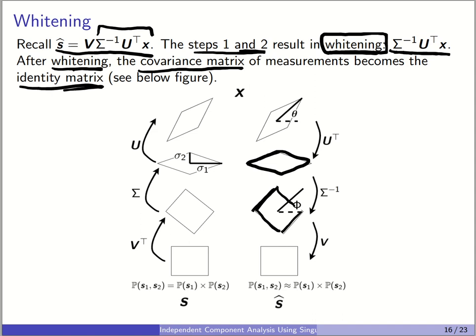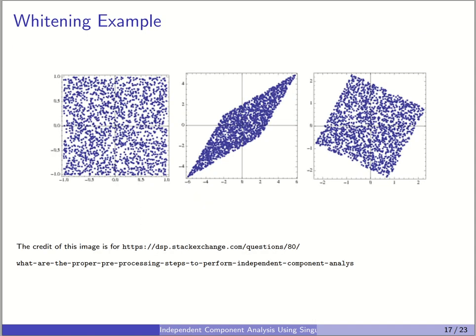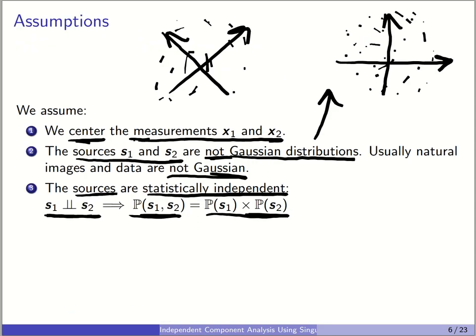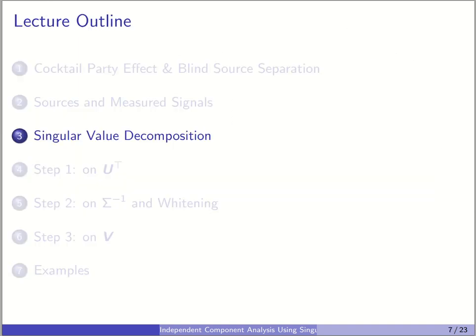And another figure is this. For example, this is the centered data, and notice this, it is centered at 0, 0. Why? Because in slide 6, item 1, we assumed that we are centering x1 and x2.